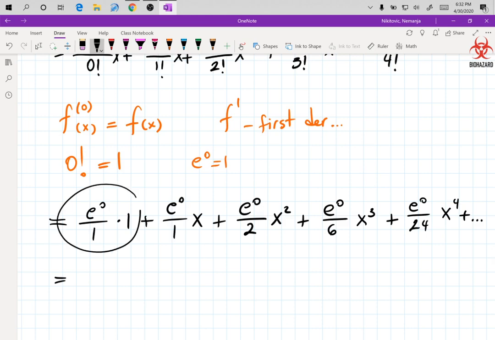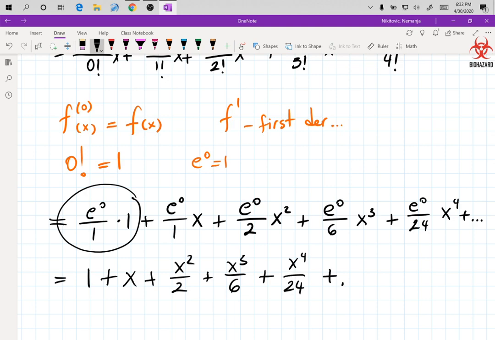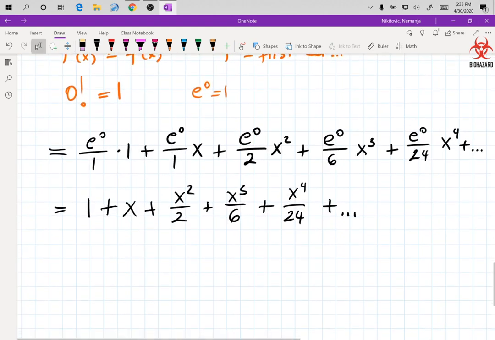So the first term is 1 divided by 1 times 1, that's just 1, plus x, plus x squared over 2, plus x cubed over 6, plus x to the 4 over 24, plus dot dot dot, going on forever. What I just found out is that e to the x as a function can be written as this infinite polynomial.